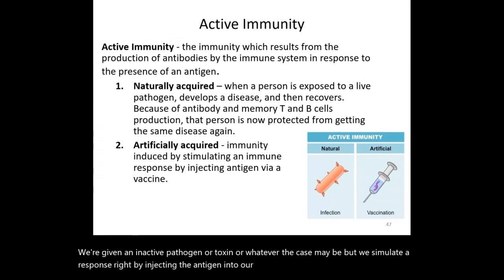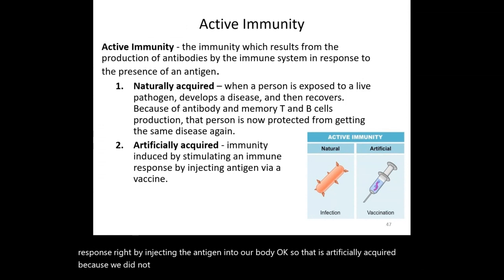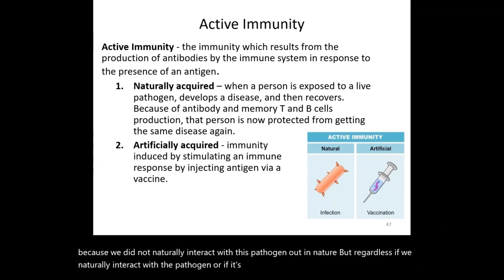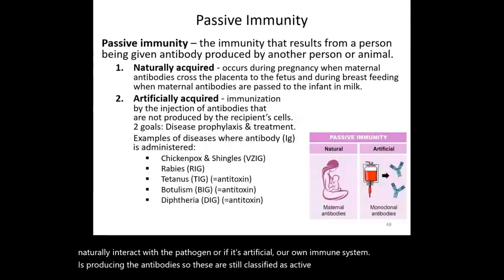So that is artificially acquired because we did not naturally interact with this pathogen out in nature. But regardless, if we naturally interact with the pathogen or if it's artificial, our own immune system is producing the antibodies. So these are still classified as active immunity.